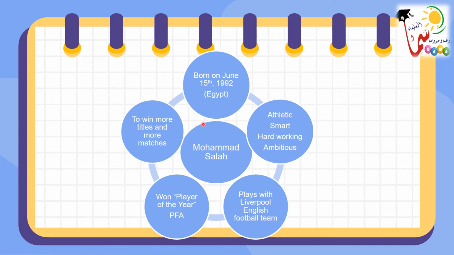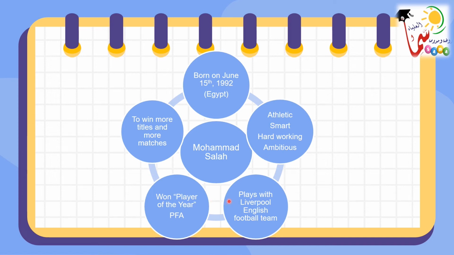I put the name here, Muhammad Salah. This is the person. He was born on June 15th, 1992. I would describe him as athletic, he likes sports. He's smart, hardworking, and ambitious. So he has big dreams in the future.